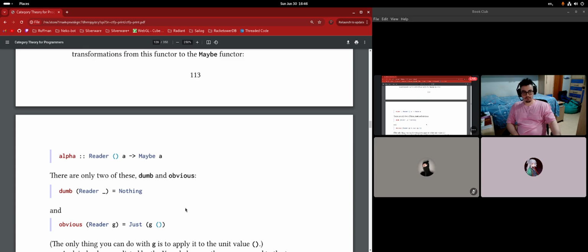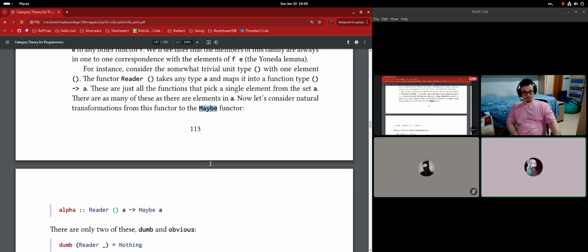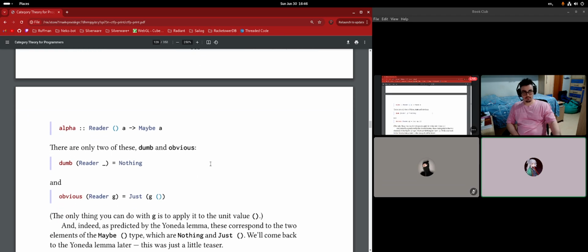Sure. So it still seems to me that we are limited to the maybe even then. We are. So the idea is, normally the number of elements of maybe A is the number of elements of A plus one, right? Yeah. But in this case, we're not looking at the A, we're looking at the unit that's coming from the reader, you see?